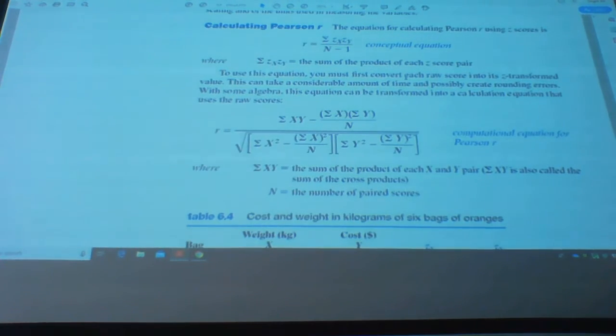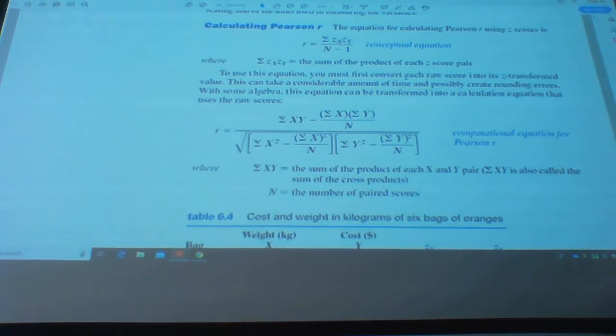The z-score of x times the z-score of y? Yes. So you remember you have a pair of scores. You turn every score into a z-score, you multiply the z for the first times the z of the second, come up with a third column for zx times zy. You get all those numbers, you add them up, you divide by n minus 1, and you've got r.